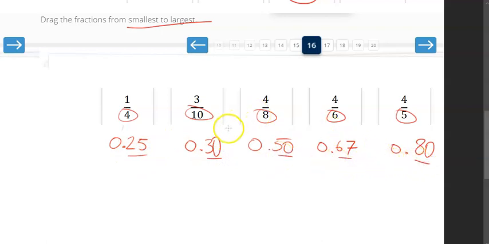And it's much easier to arrange this if the decimal version of the fraction has been provided, because we are so used to arranging numbers from smallest to largest if it's been given as either a decimal or a whole number. So in this case, we know that 25 is the lowest and 80 is the largest, so that one will be the first fraction you drag, and then this one will be the last fraction that you drag.